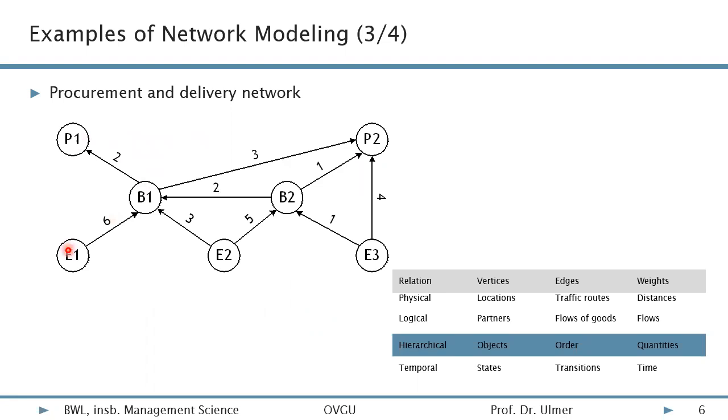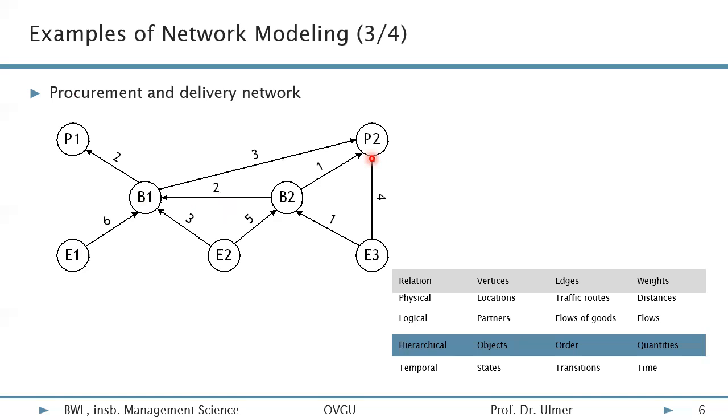This could be a chain of command in companies, but here it's a so-called Gozinto graph for production planning, where we have a hierarchy of products we want to produce, like semi-finished products and some raw material. And this graph tells us how much of these raw materials goes into the semi-finished products, and then to the final finished products.